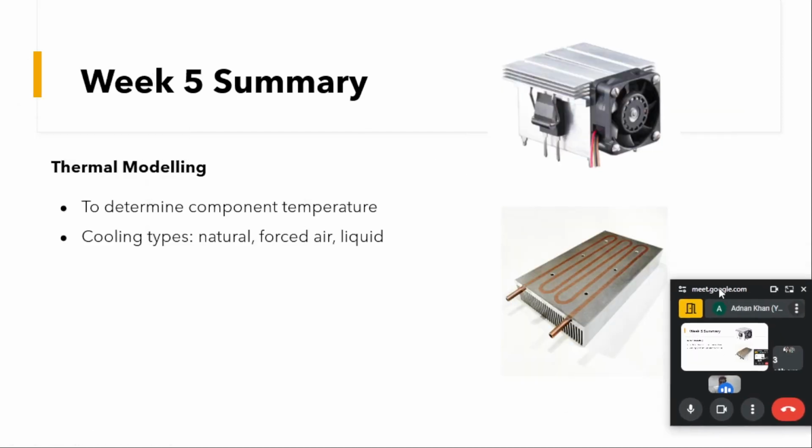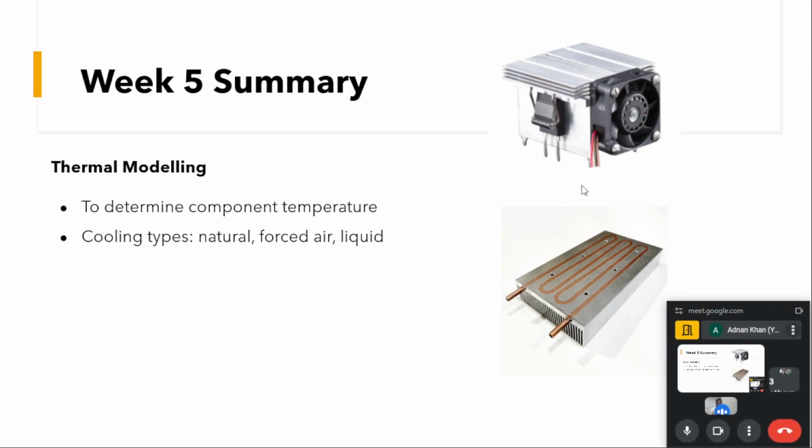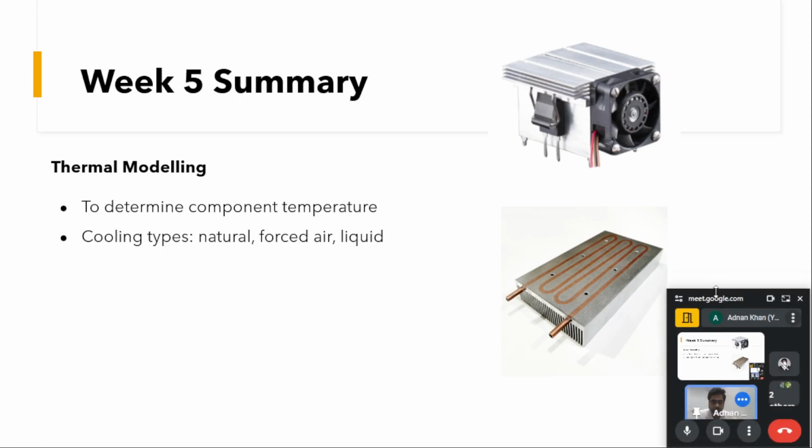So after calculating the power losses associated with the devices, we have to see how we will be able to eliminate the heat, because of that power loss there will be a temperature rise in the device, and if the temperature rise in the device is more compared to the maximum limit that has been provided in the data sheet, that can damage our device.